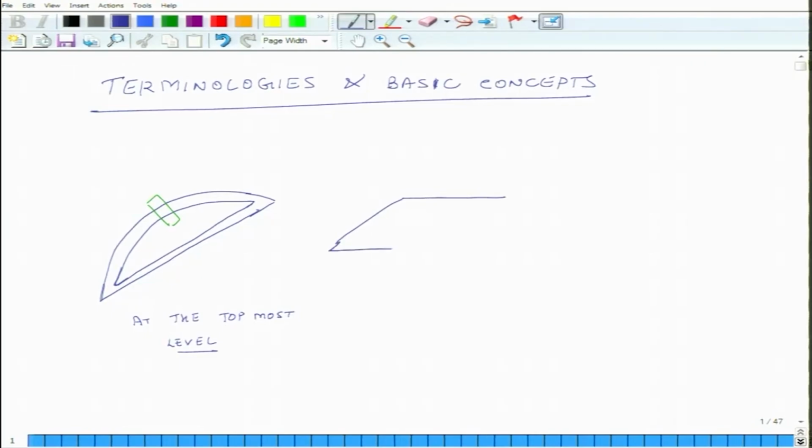So, this small piece may look something like this, and this may be made up of several layers. For purposes of simplicity, we are just putting 3 layers, and it could be that the fibers in the top level may be oriented like this. So, when you look from the side, you may see the ends of these fibers.